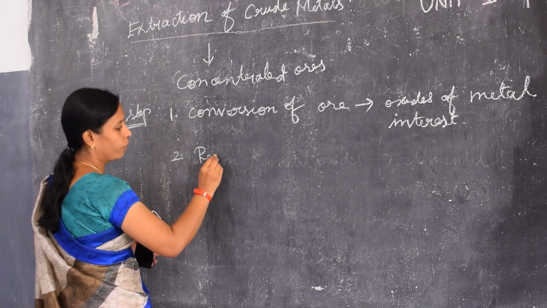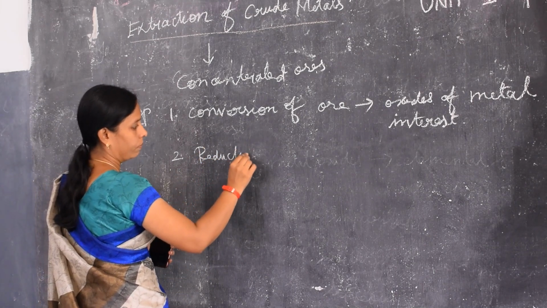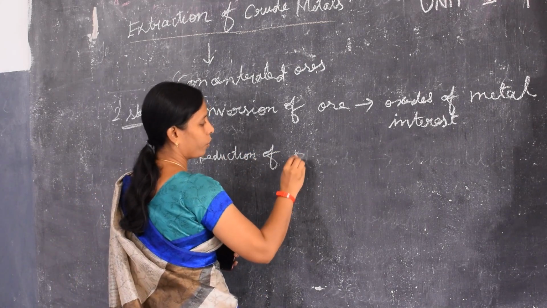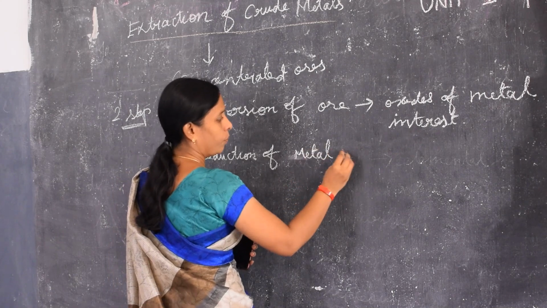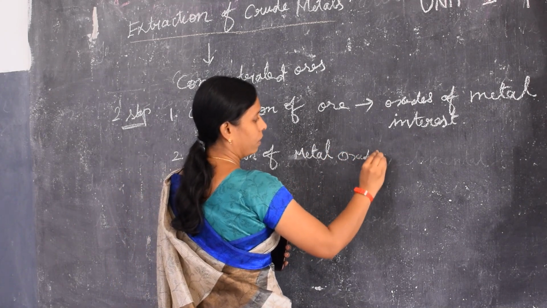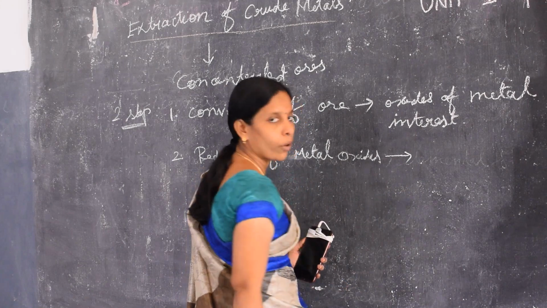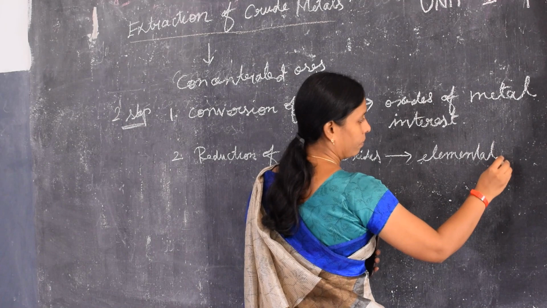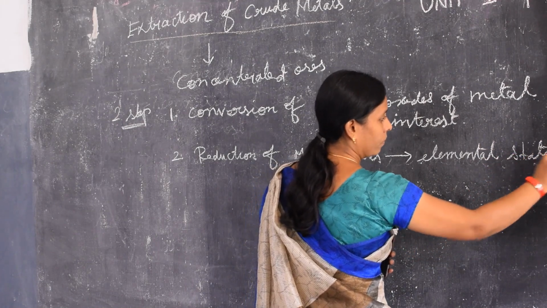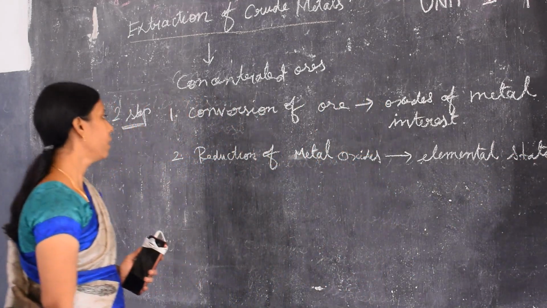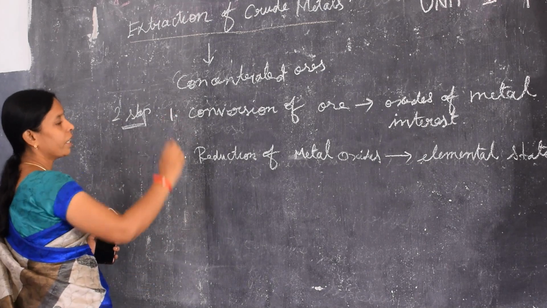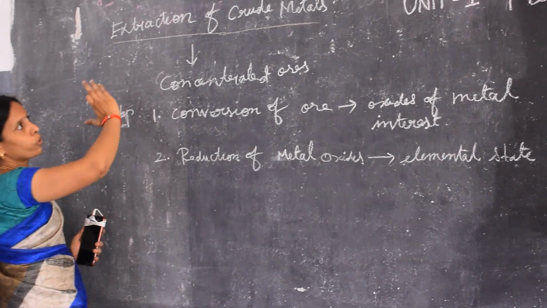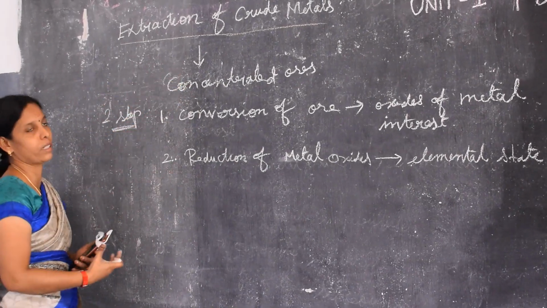So reduction of metal oxides converts them into their elemental state. Okay, these two steps are very important for further reactions. So this is the extraction of crude metals.